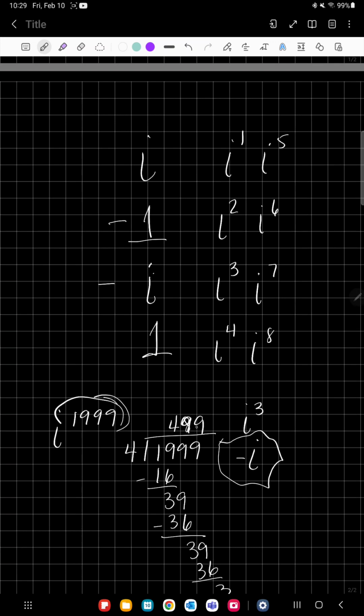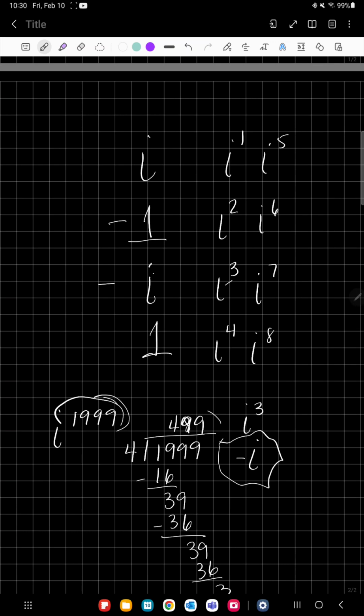This is the even amount of 4 that goes in there, so we're not worried about that. But our remainder, in this case, was 3, so we know that i to the 1999th is the same value as i to the third. And when we talk about i to the third, we know i to the third is negative i.